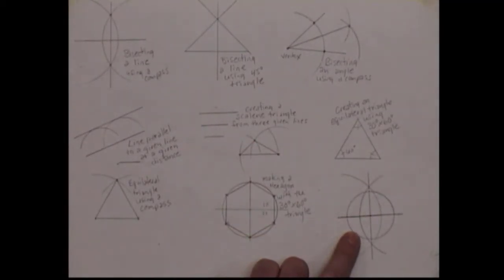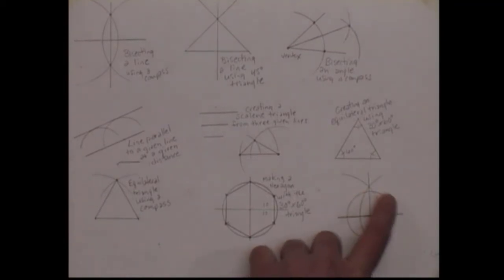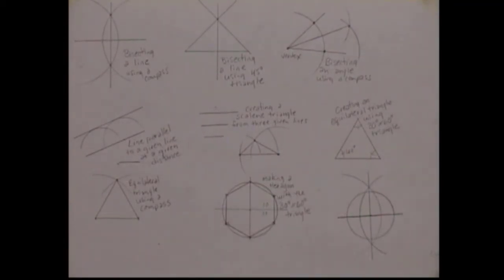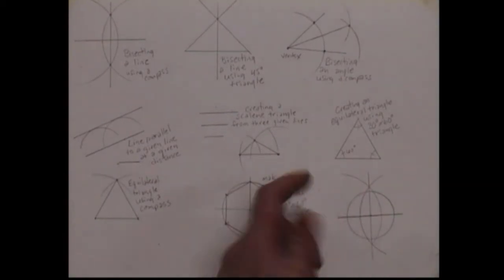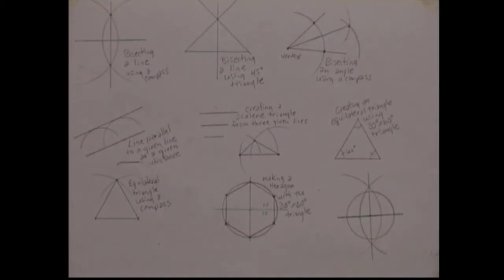So we have a circle. Now we have a lot of lines going through and a lot of things going on. If it really confuses you, you can erase some of your bisect lines, but you don't have to. So we made our circle. We're using that same exact radius. Okay, if you've changed it, then you need to measure that radius back out.